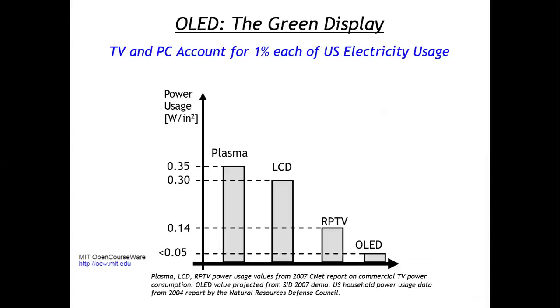So TVs and PC displays, which account for almost 1% of the US electricity usage, have started using OLEDs, which are way more efficient in using power.